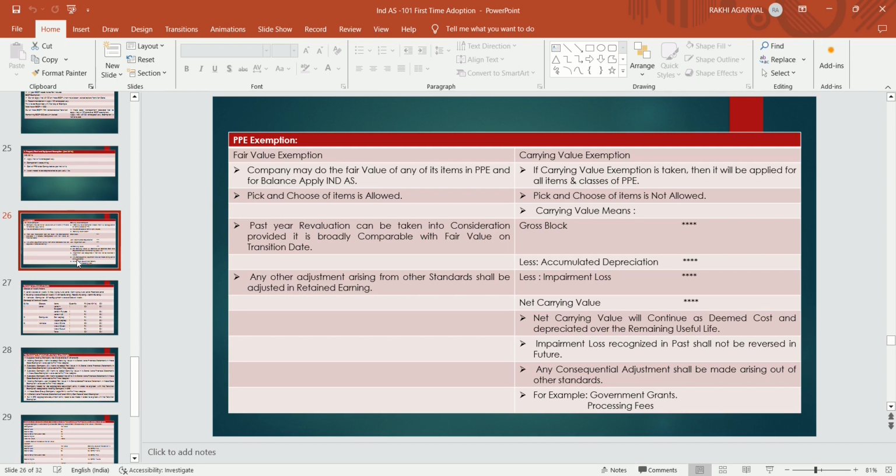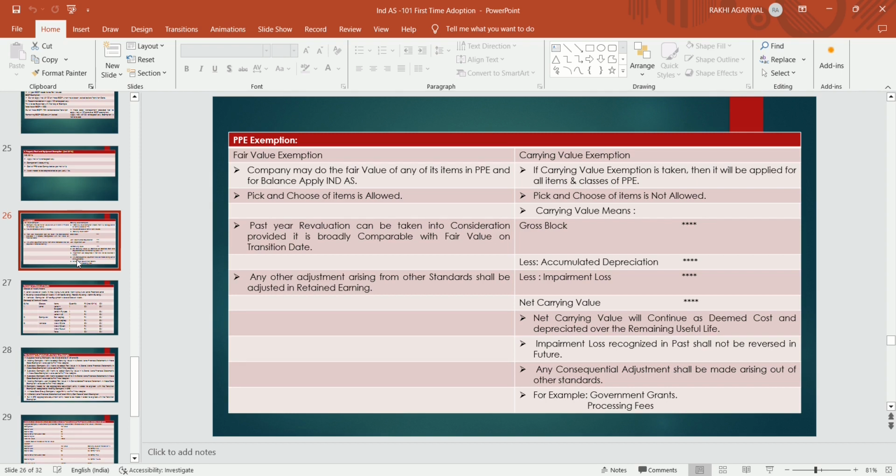But if there is a group of assets, a class of asset like land, in land there are various lands like agricultural land, freehold land. In building there are various buildings like office building, factory building, admin building. So building is a class of asset, but building 1, building 2, building 3 are the items of assets. These are the differences between classes and items.